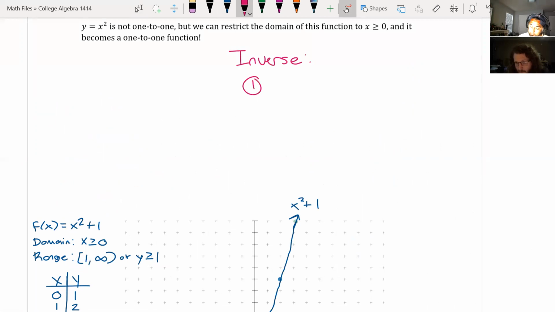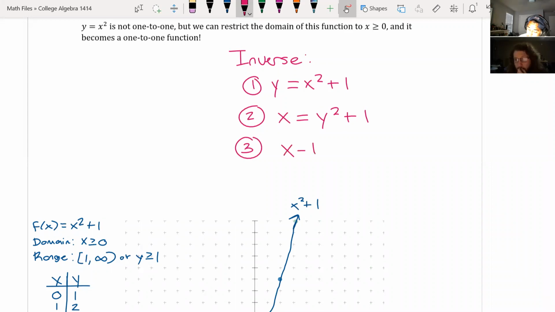Step 1, have it as y equals x squared plus 1. Step 2, interchange. Make it x equals y squared plus 1. So we interchange the roles. Step 3, solve. So subtract that 1 over.